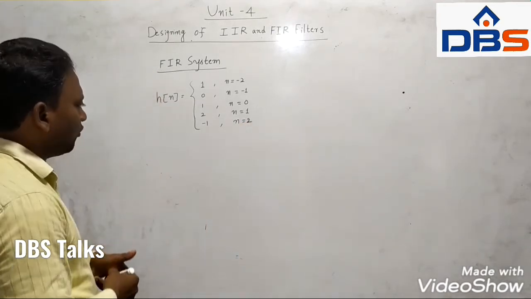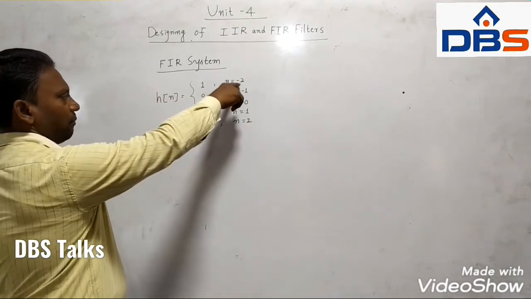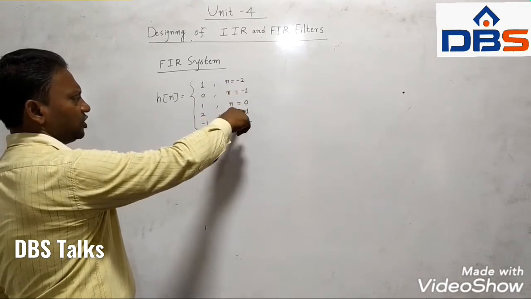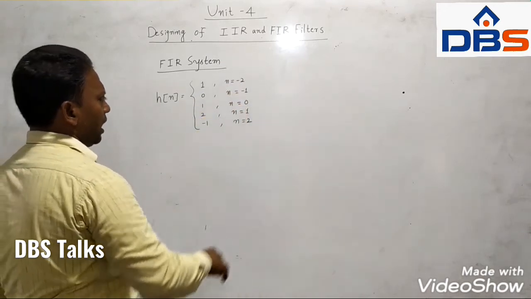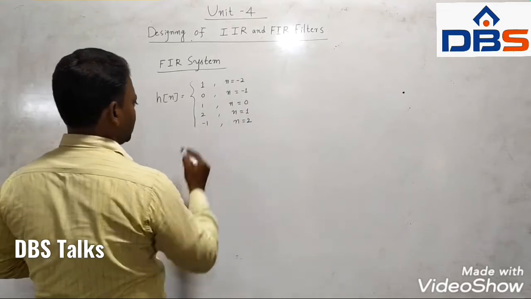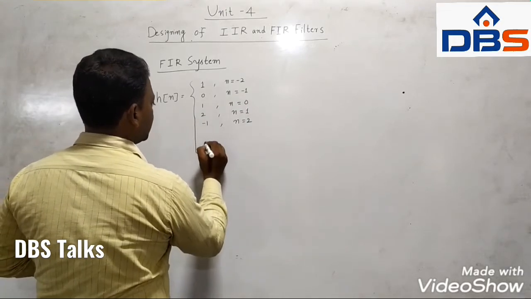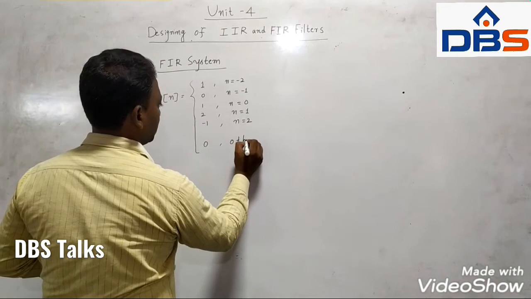Right? We are taking 5 samples at minus 2, minus 1, 0, 1, 2. And after this, 0 otherwise.